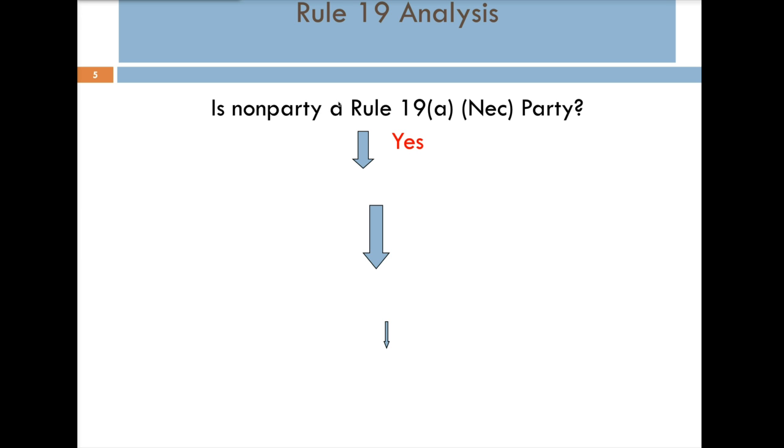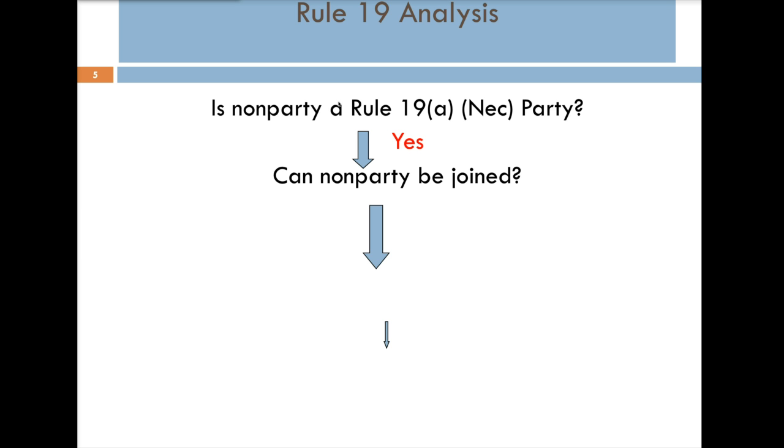If your answer is yes, you then move on to the second question, which is, can this currently non-party be joined? And to answer this question, you are really asking, is there PJ over them, and is there also SMJ, such that diversity will not be disturbed? If you can join them, you are done with your analysis.